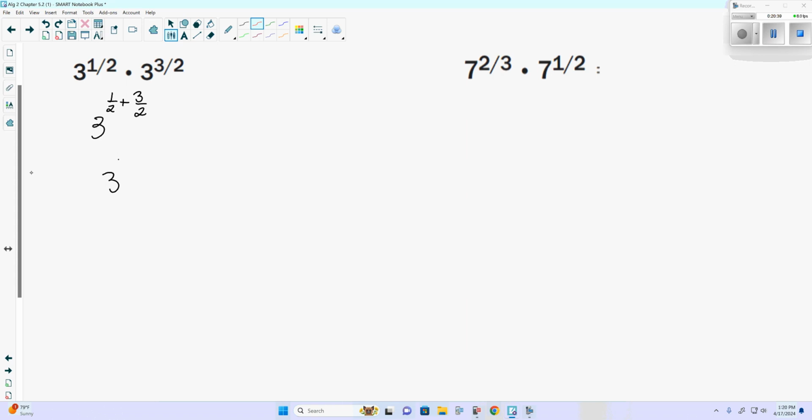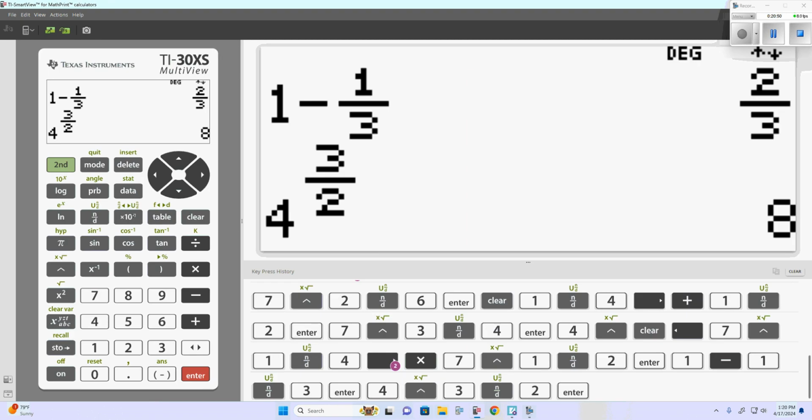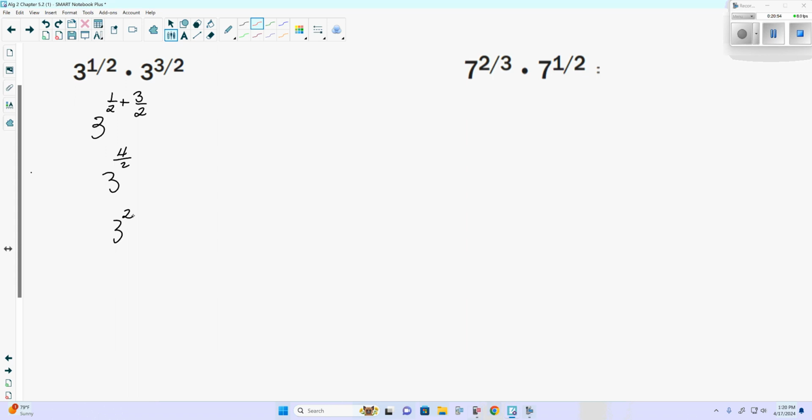So we're adding the exponents. 1 plus 3 is 4, over 2. We can do the denominator the same. Yeah, 1/2 plus 3/2 is 4/2, which is 2. And 3 squared, we can do that nicely, is 9.